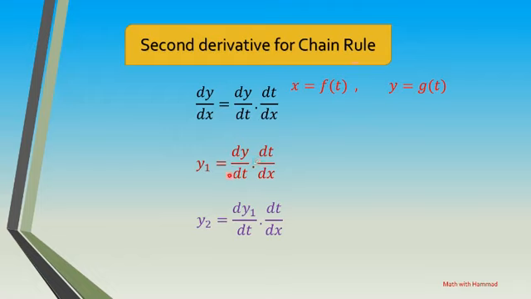To make this formula for the second derivative, when here is y1, on the right hand side is dy. When the left hand side contains y2, then the right hand side will be dy1 by dt into dt by dx.